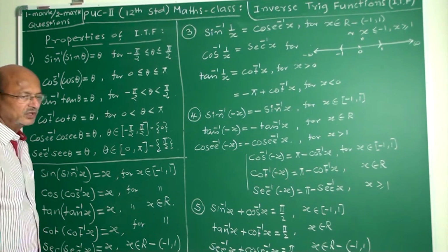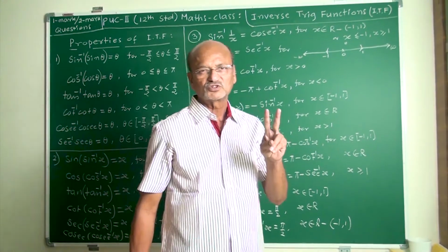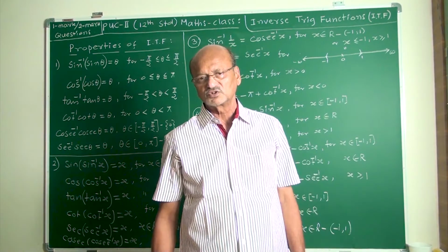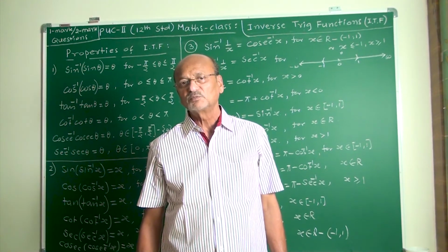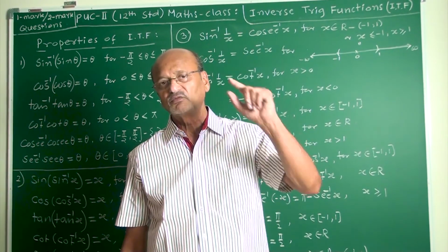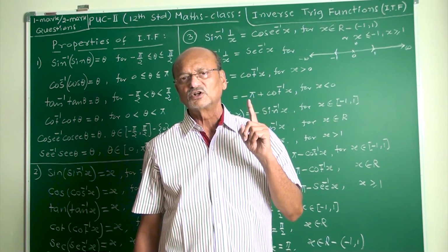Now I am going to do one set of examples which are important under 2 mark questions. A simple example they may give under a 1 mark question. Now I am going to do the examples. How to find the principal values: the values of trigonometric ratios play a very, very important role, my friends.